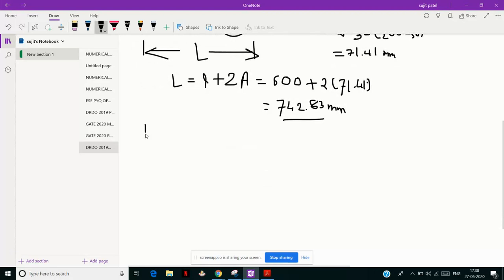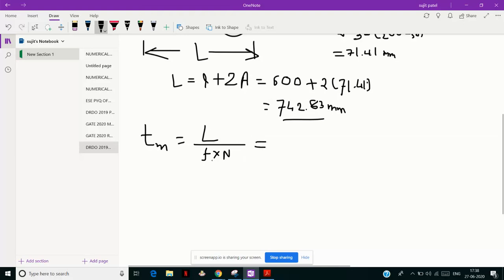Now we know the machining time equation, as we have all studied: L upon feed rate in mm per revolution into N, in number of revolutions, so it comes out in minutes.